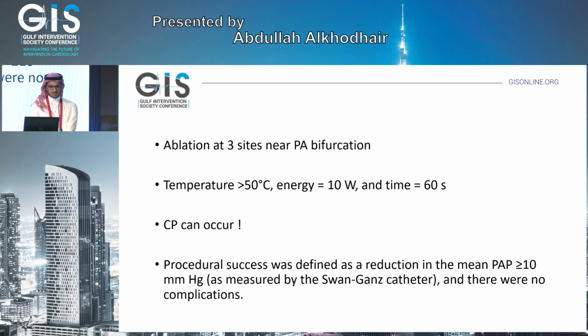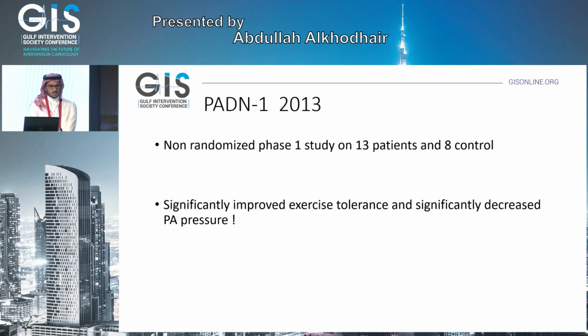Each time, you can expect to have some chest pain. Procedural success was defined in their trial as a reduction in mean PA pressure of more than 10 millimeters of mercury. I started with this trial back in 2013.